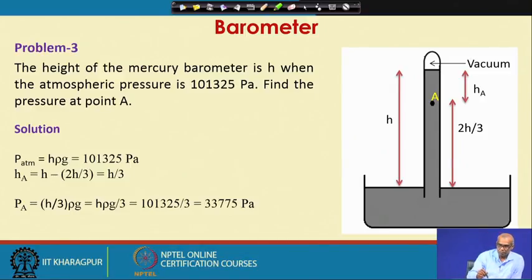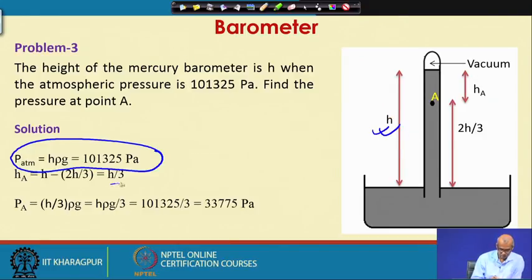Atmospheric pressure is equal to rho g h, is given as 101325 Pascal. H A is h minus 2h by 3, which is h by 3. So, pressure at P A is due to this column of mercury.